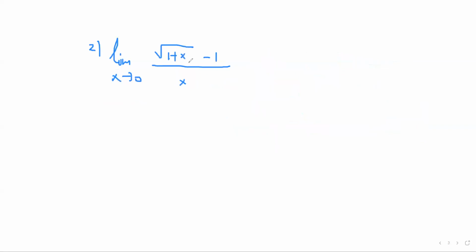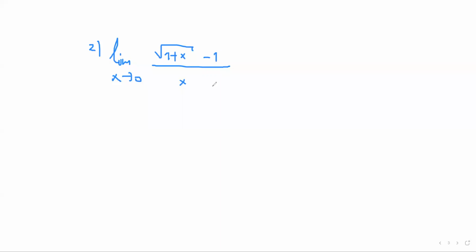So the second example is a little bit harder than the first one. You can see if you put 0 instead of x, you're going to get the square root of 1 plus 0, which is 1, minus 1, divided by 0. So it's an undetermination of the form 0 divided by 0. However, we are going to eliminate this undetermination. Let's see how.